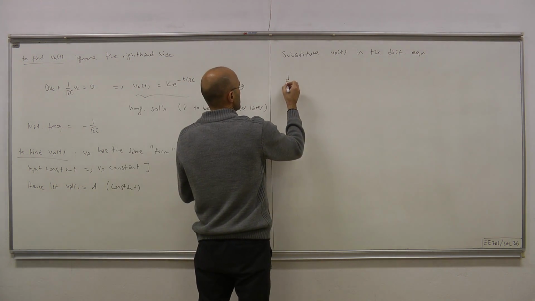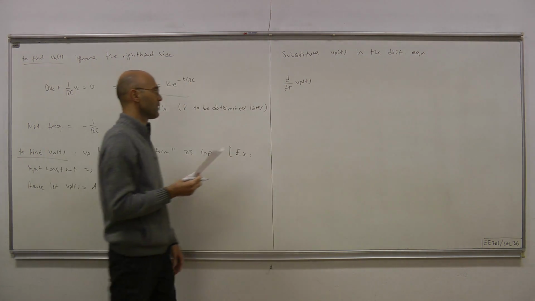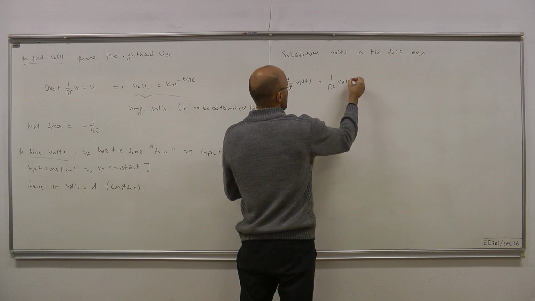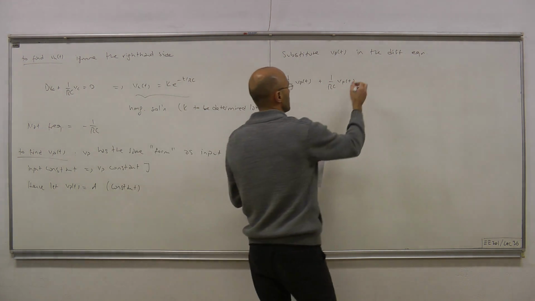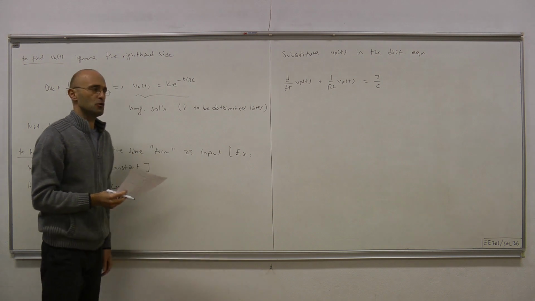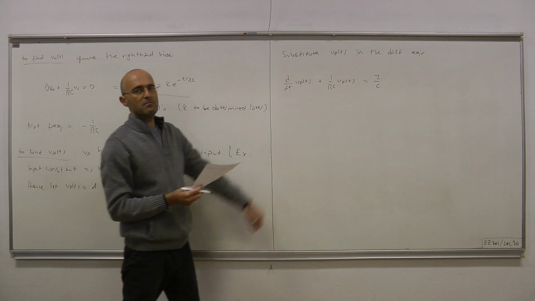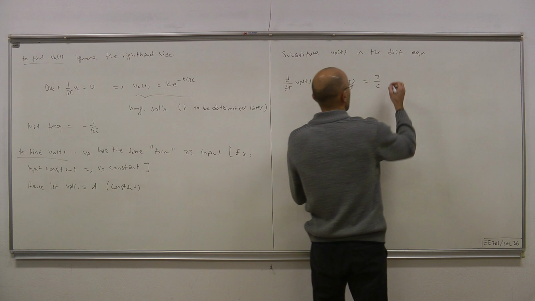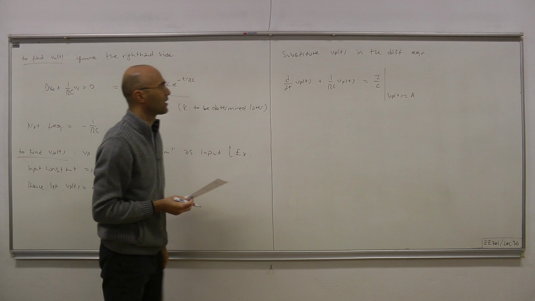So the differential equation was dVc plus 1 over RC Vc equals I over C. Now instead of Vc we have the particular part of the solution, so we put Vp, which is our candidate, a constant.